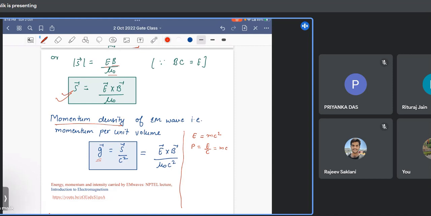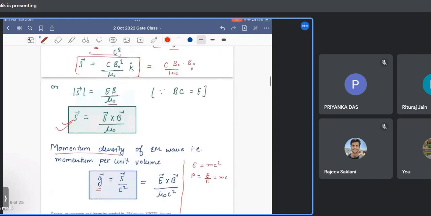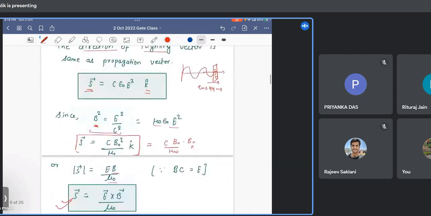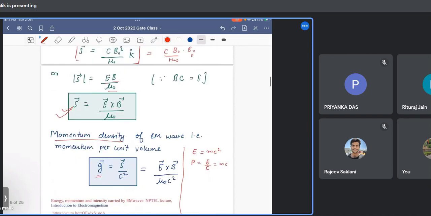So here, if you want to see momentum per unit volume, the energy per unit volume is given by u, and from here, u will be mod S vector by c.